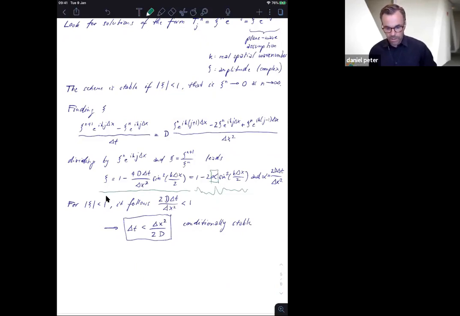Because the sine square will always be between 0 and 1, in order to go beyond 1, it depends on what this factor alpha will be.